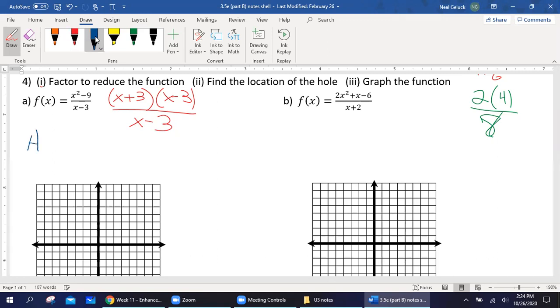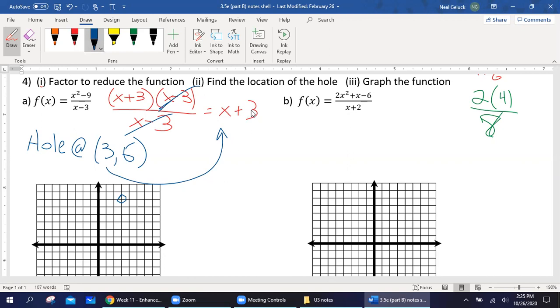That hole is at, well, the number that makes the bottom and the top 0 would be 3. Just like we did on the previous problem, to figure out what the y coordinate of that is, I'd reduce this down to just x plus 3. Now if I pop 3 into there, 3 plus 3 is 6. That's where the hole is on this graph. So I know this graph has a hole at right 3, up 6. And literally a hole is a little open circle.